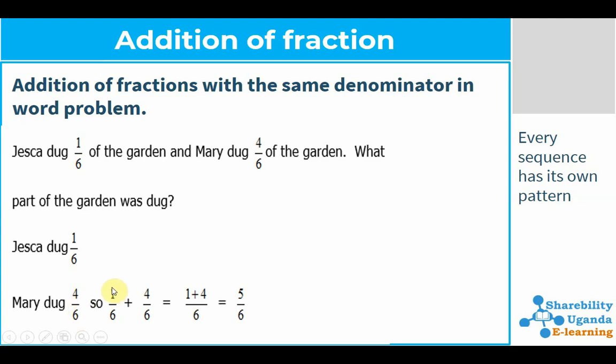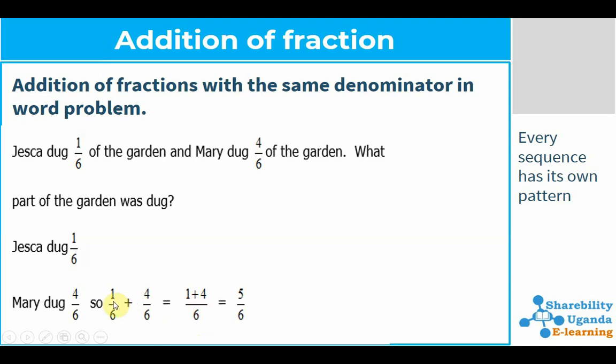So here we come up with 1 out of 6 plus 4 out of 6. Now we are going to add our fractions. We said that when we have fractions with the same denominators, we don't add the denominators, we just write 6.